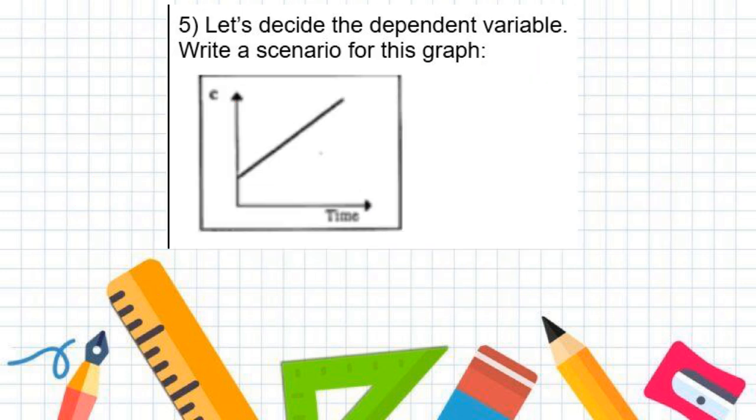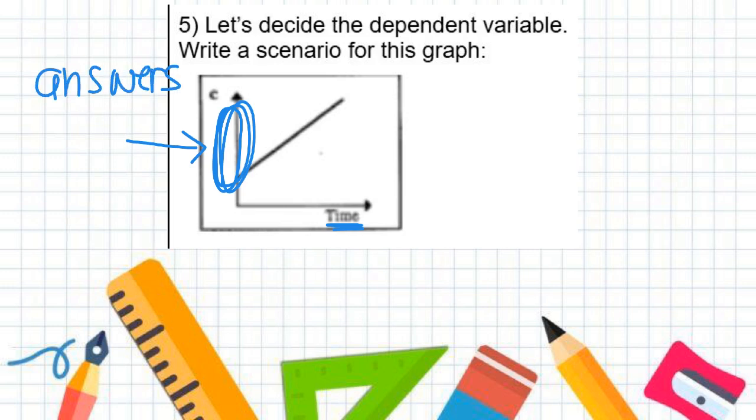Okay, one more of these. Question number 5 says that we are going to decide on your dependent variable. You're going to have time versus something. I'm not sure what that something is, but you will decide that, and that will make all of our answers vary. So if somebody did speed, their story is going to be different than if somebody did height, for example.